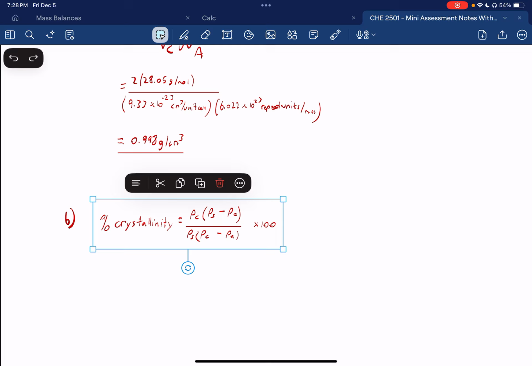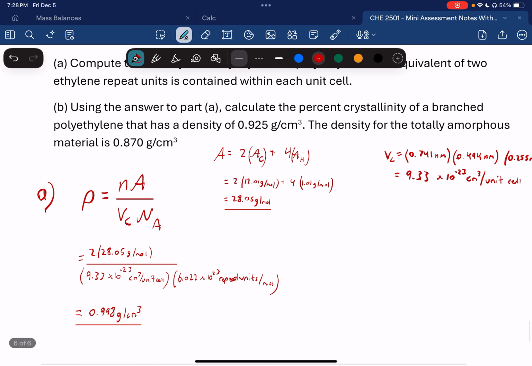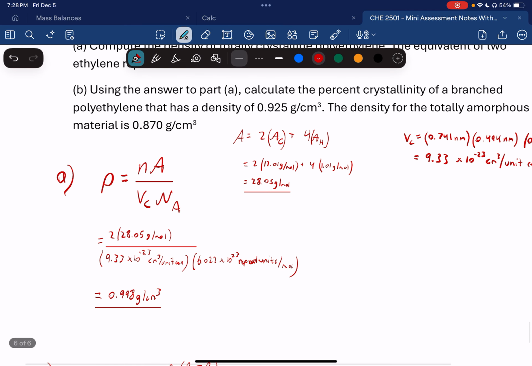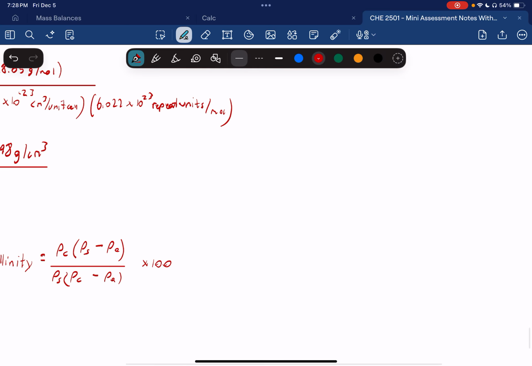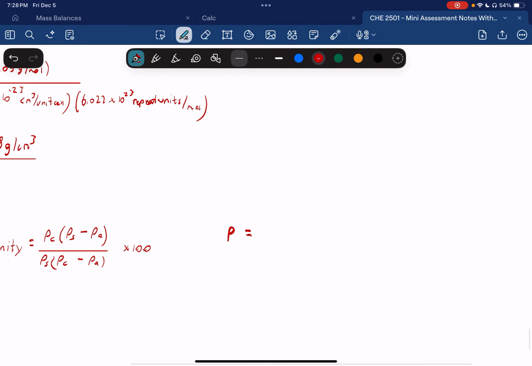Crystallinity. Okay, so we'll go back up. Calculate the percent crystallinity of a branched polyethylene that has a density of 0.925.